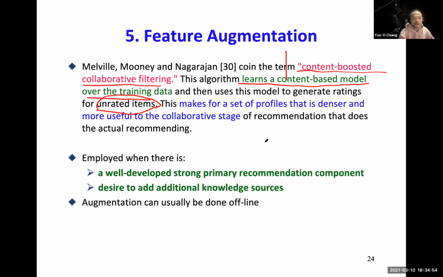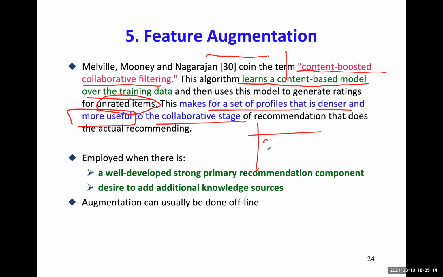In that case, you will be able to produce a dense utility matrix, so making a set of profiles that are denser than before, and hence they are more useful for collaborative filtering, right? So augmentation. Think about this. This is your original utility matrix, and this is a really sparse and large matrix, for example 10 million users by 1 million items.